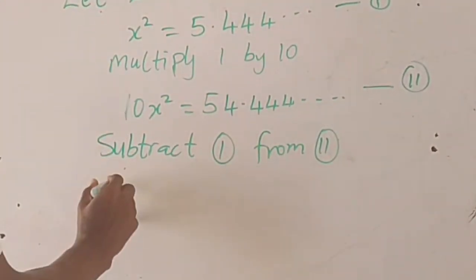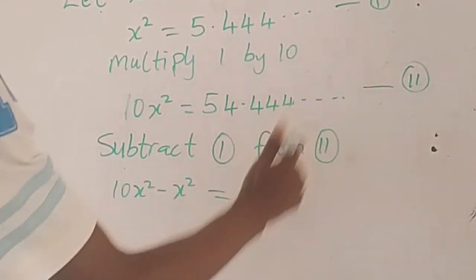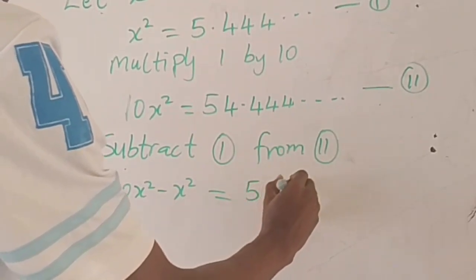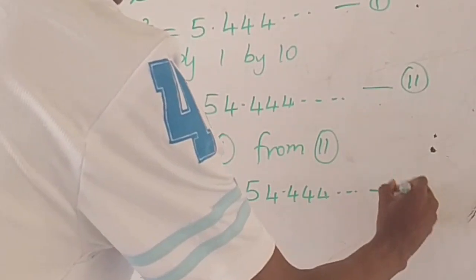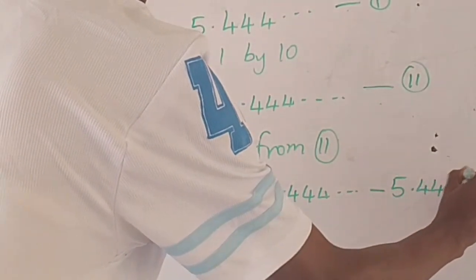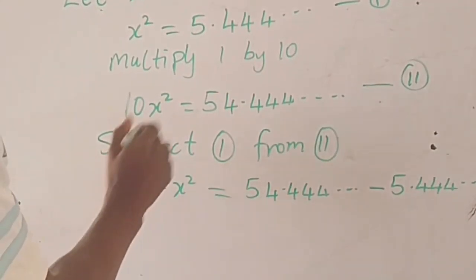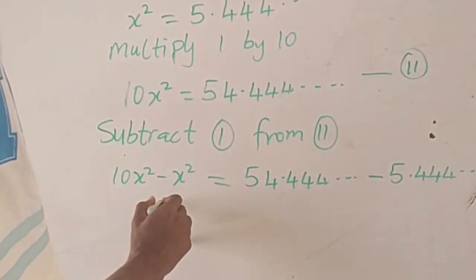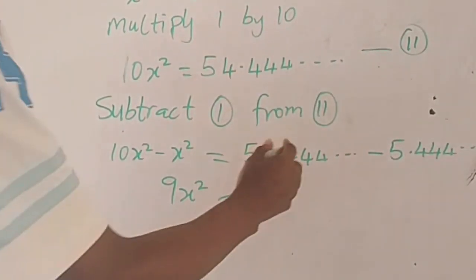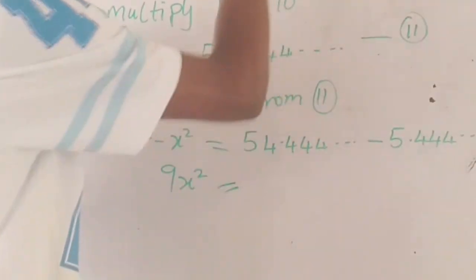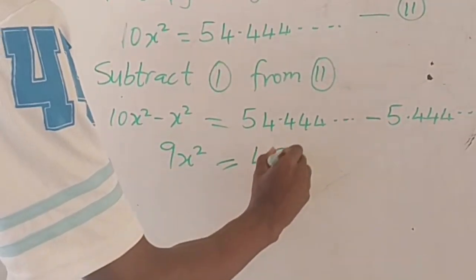So 10x squared minus x squared is equal to, on the right hand side, 54.444 and so on, minus 5.444 and so on. For the left hand side, 10x squared minus x squared is going to be 9x squared is equal to, firstly, since we have the same decimal, the decimal will cancel out. Then 54 minus 5, that is 49.